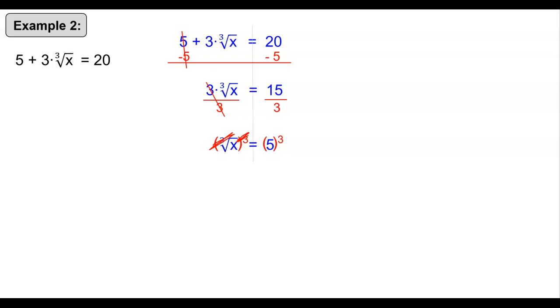So please use your calculator when you get to this point. It's 125 because you did 5 times 5 times 5, 25 times 5. So you don't have to do any of that mental math if you just type it in your calculator correctly. So 5 caret 3.